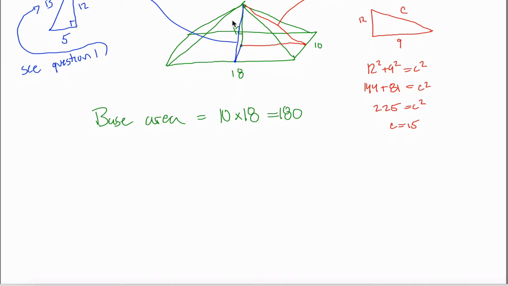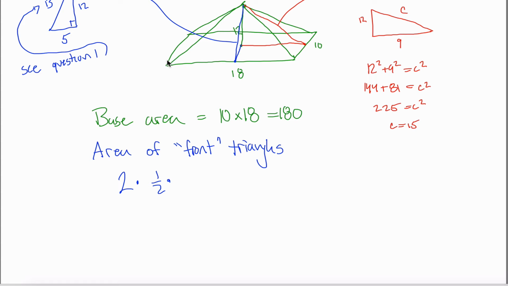Okay, so now what I can do with those slant heights is I can figure out the area of the triangles. There's the front one and the back one, and each of them has a height of 13, so 2 of them times 1/2 times the base.